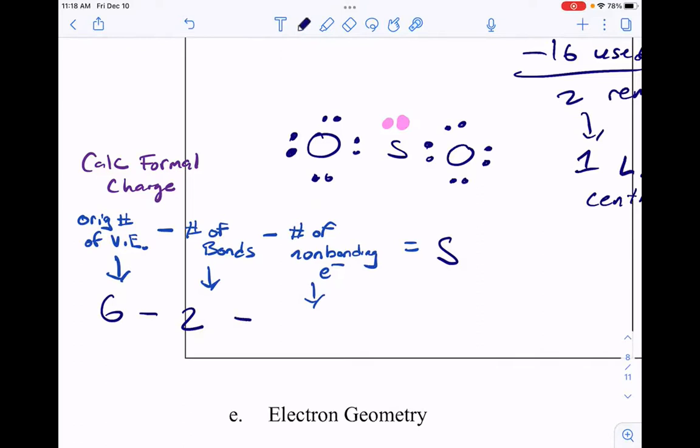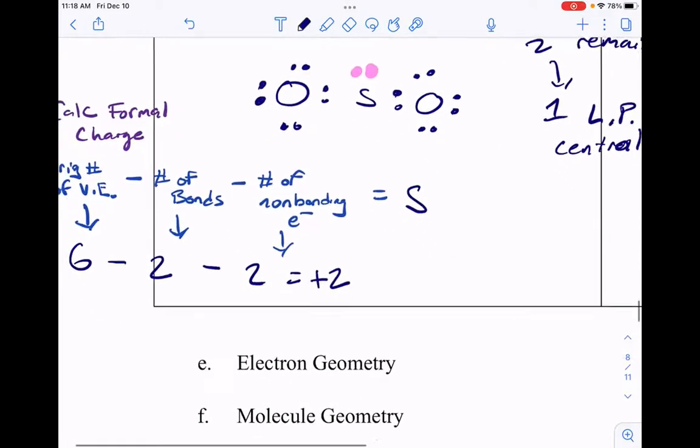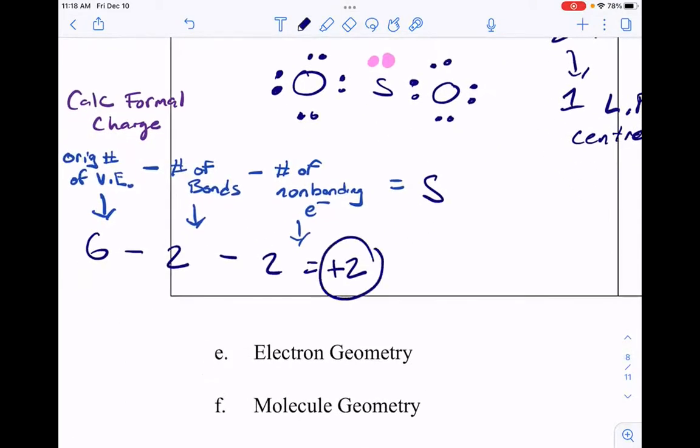Mm-hmm. And so the non-bonding electrons is like the pink dots. So we have 2. And so 6 minus 2 minus 2, that's going to equal to what value? 2. Positive 2. Okay. So this is the first instance that when we're calculating the formal charge, that the value is not 0.